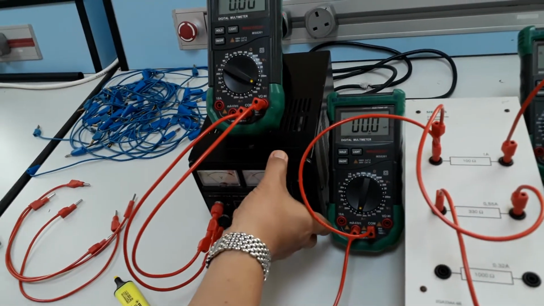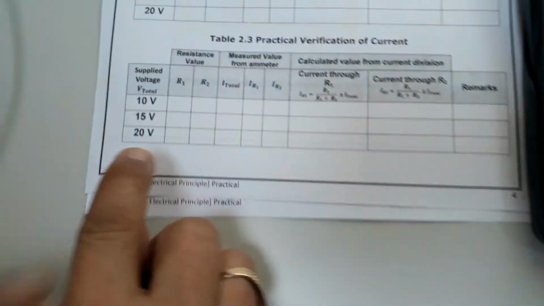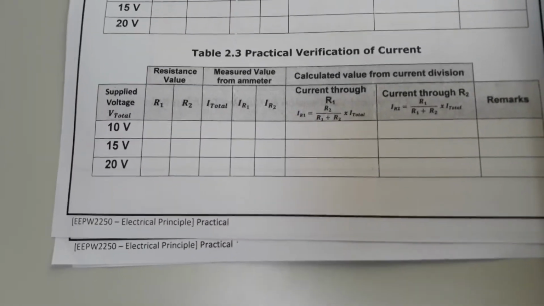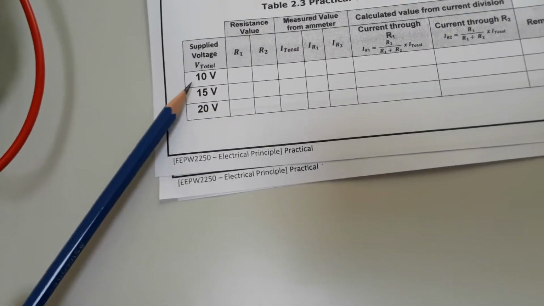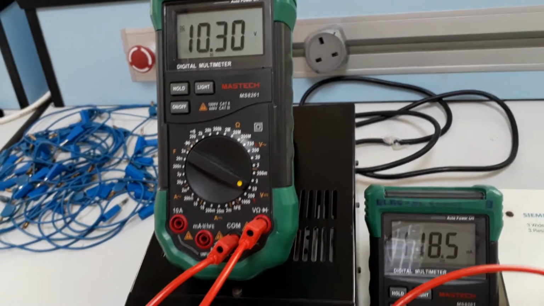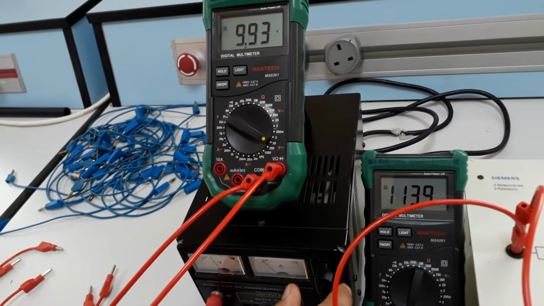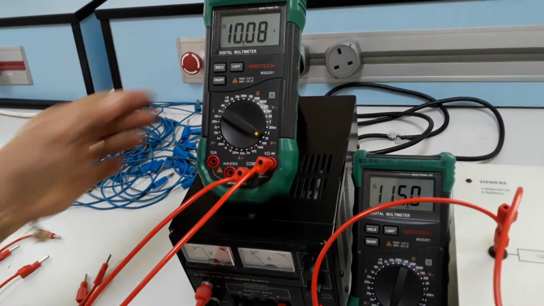So let's turn on the power supply. In part 2 of our experiment, we will start from an input voltage of 10 volts. So our input or given voltage is 10 volts.